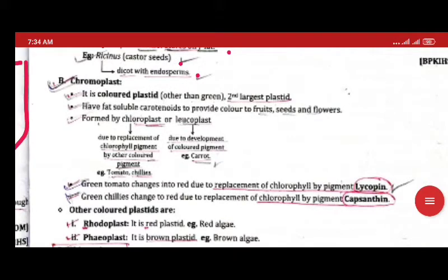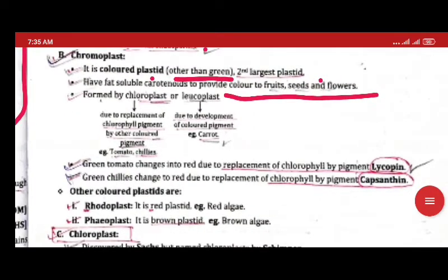Now we have the second, that is chromoplast. Chromoplast is a colored plastid, that is, other than green color. It is the second largest plastid, providing color to fruit, seed, and flower. It is formed by chloroplast or leucoplast.